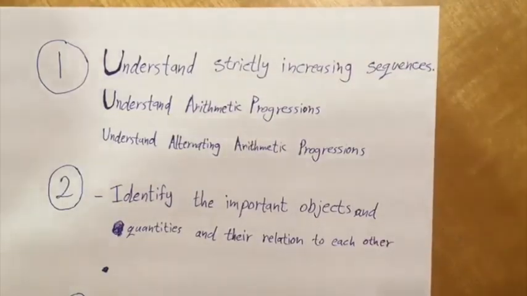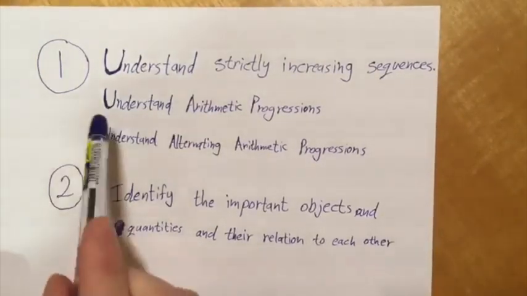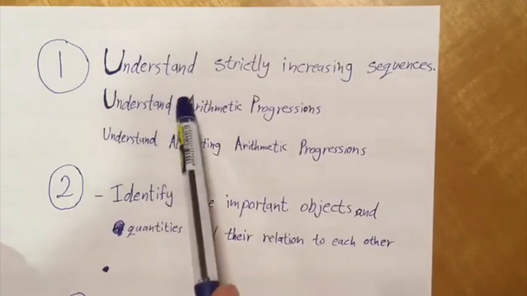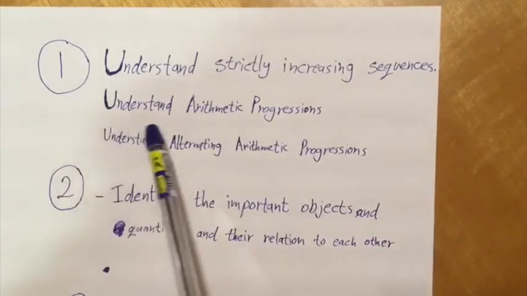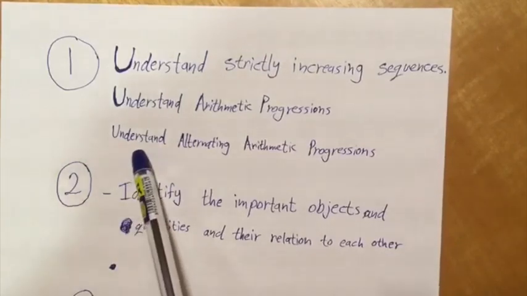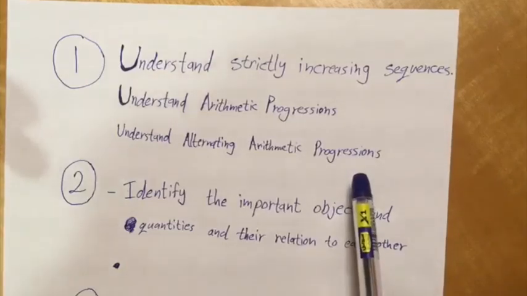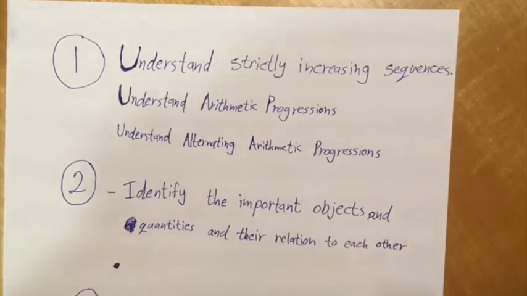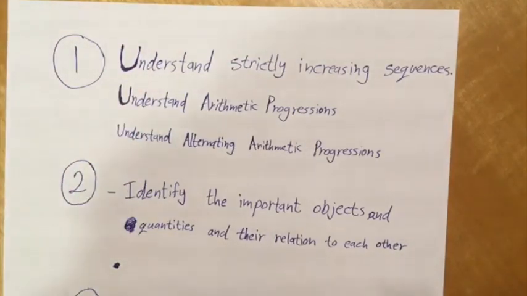Okay, so the way we're going to approach this problem, we're going to split it into 3 parts. First, we're going to try to understand strictly increasing sequences in general. We're going to understand what it means to be an arithmetic progression, and we're going to understand alternating arithmetic progressions, because in this question we have 2 arithmetic progressions and they alternate, meaning the first term in one progression is less than the first term in the other progression, which is less than the second term of the first.